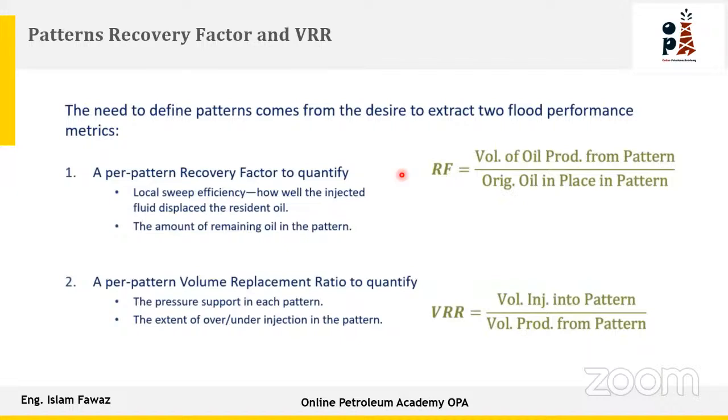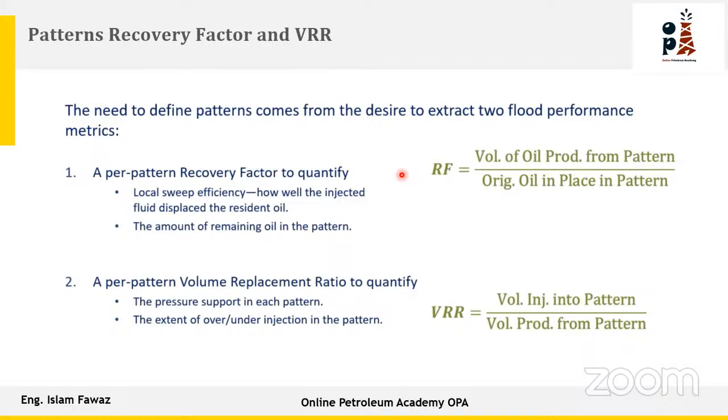But in case you have pressure support, there is another metric, pattern voidage replacement ratio. This reflects the pressure support for your reservoir. Like a mass balance, it is the volume injected divided by the volume produced.